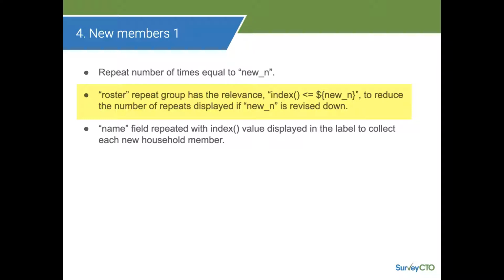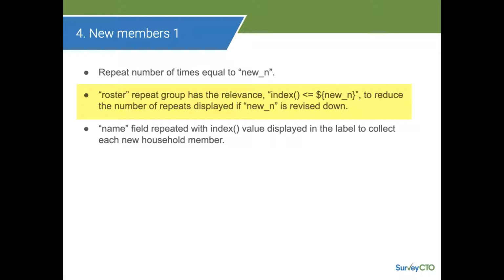So when that value is revised down, you might expect that the number of repeat instances inside the repeat group would automatically reduce, but this is not the case. It won't automatically happen due to SurveyCTO's non-destructive data design.